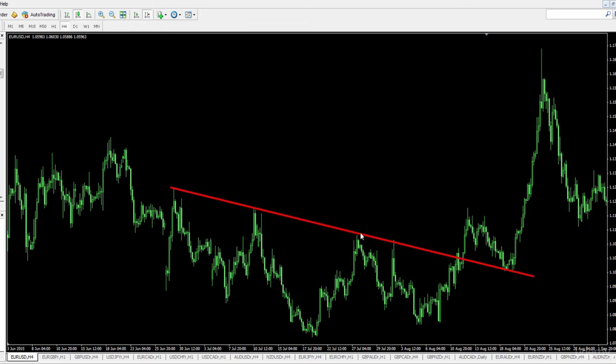The right shoulder is slightly lower compared to the previous, and both shoulders are about the same size. After the breakthrough of the neckline, the price returned, tested the neckline, and then made a huge jump. This is an ideal head and shoulders pattern. To more clearly notice the pattern, we'll mark its elements.